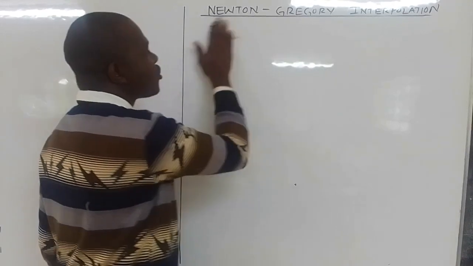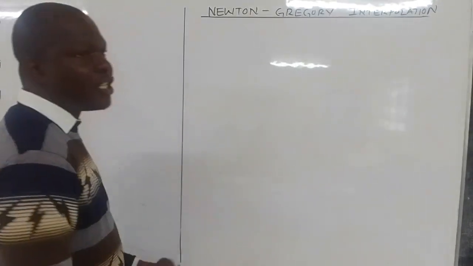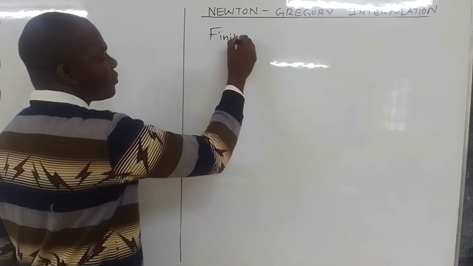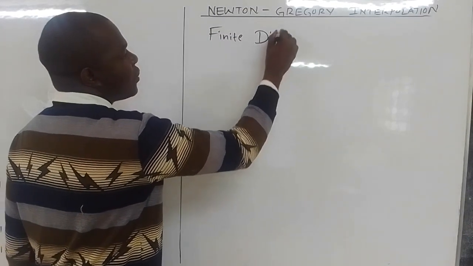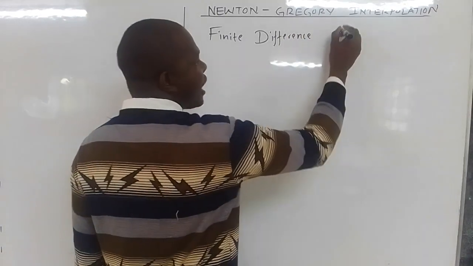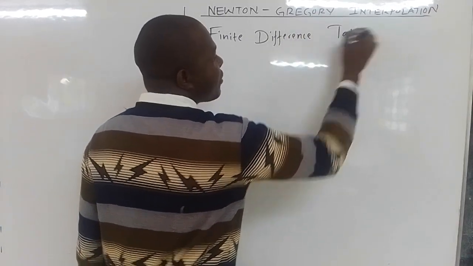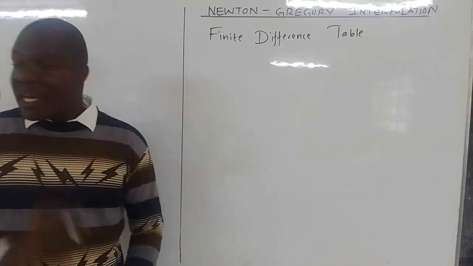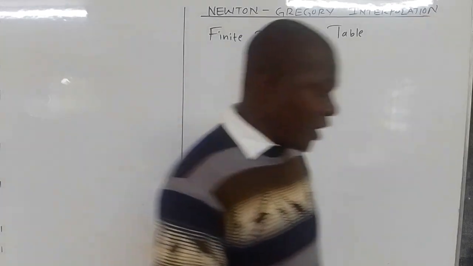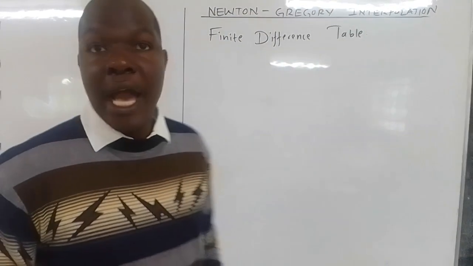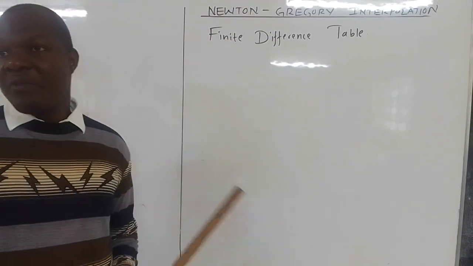How do we construct a finite difference table? Now, to construct a finite difference table, I will use an example to see how to construct it.